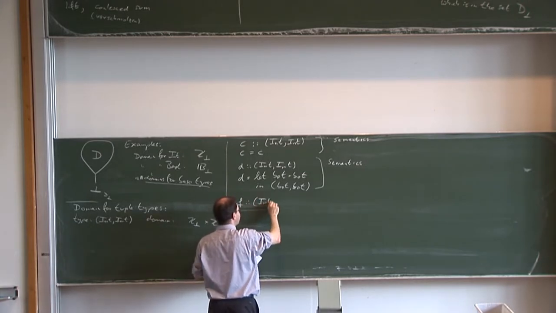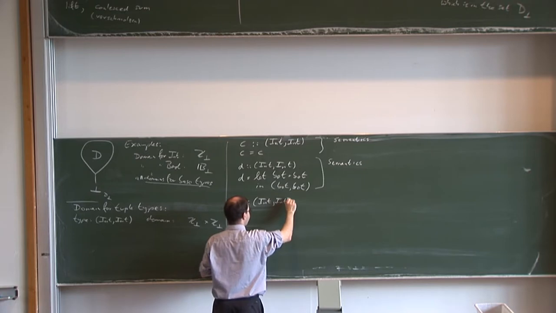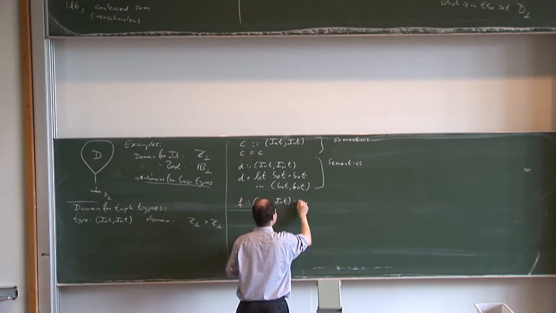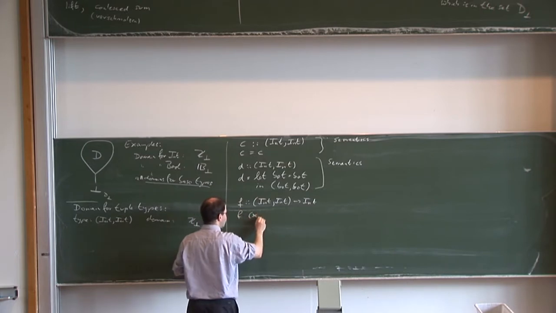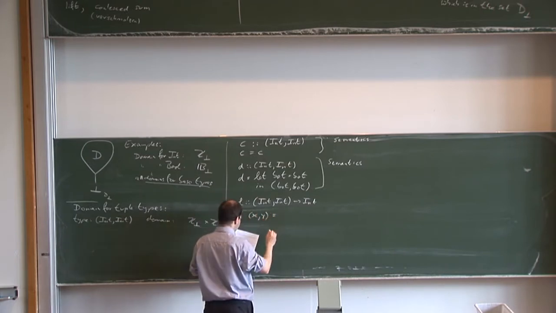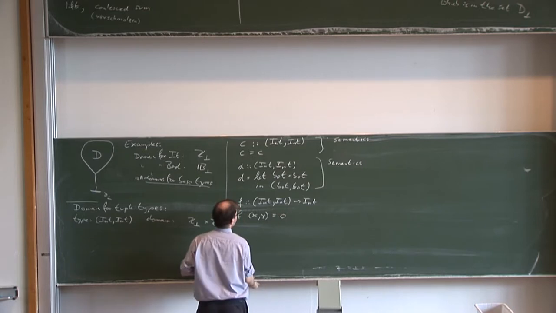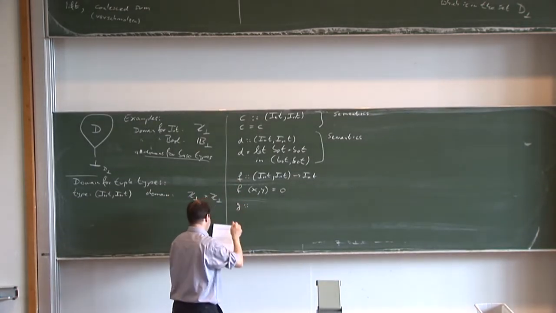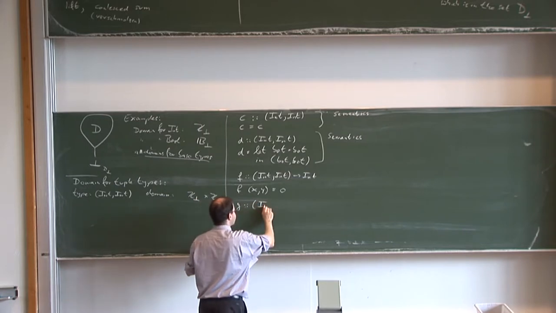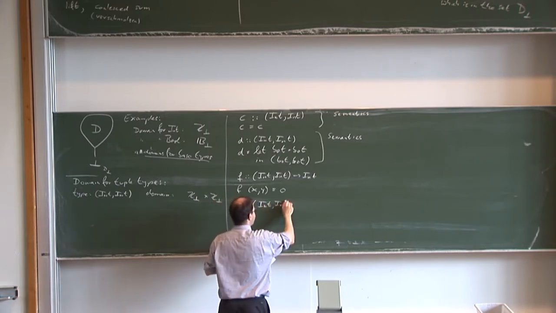So f is a function which takes such a tuple and returns an integer, say. What f does is it takes a tuple of the form (x, y), and it returns 0. And this is not the same as the function g. Let me write down another function g, same type as f.